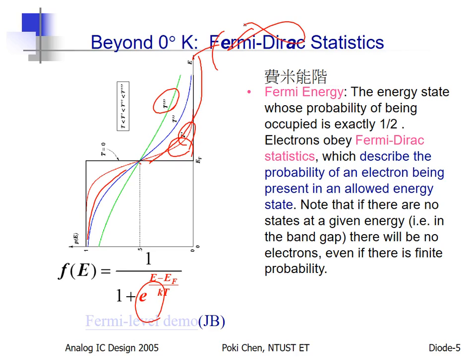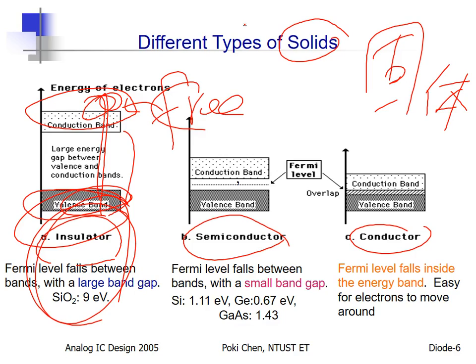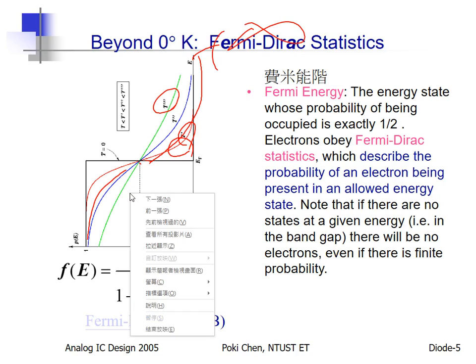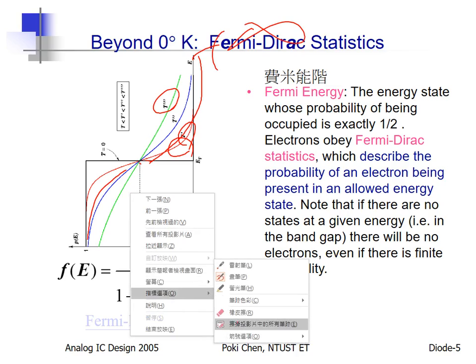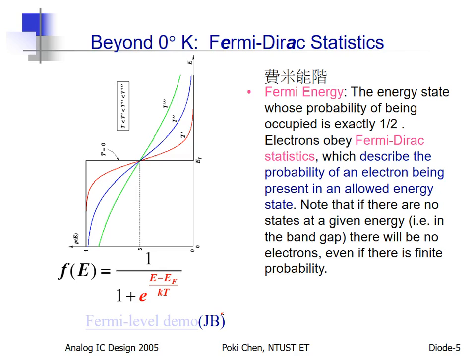Never mind how large the energy gap is. If you go back to here, for example, this is the so-called insulator. See? The energy gap is so high. But you can see, how about the red line?